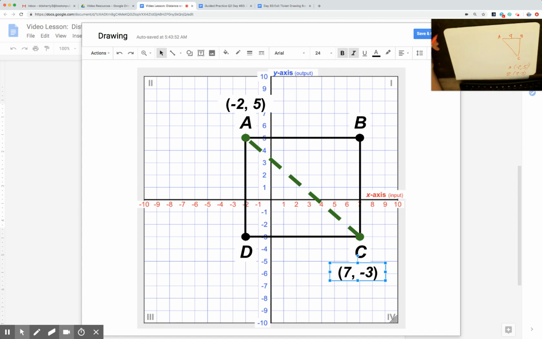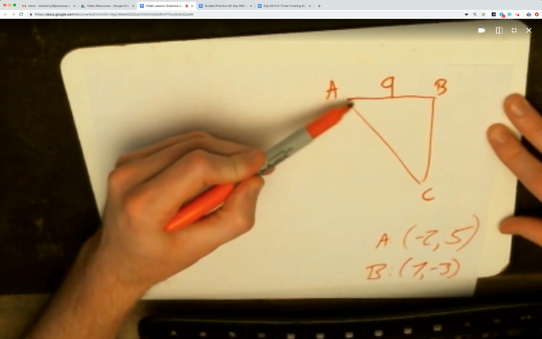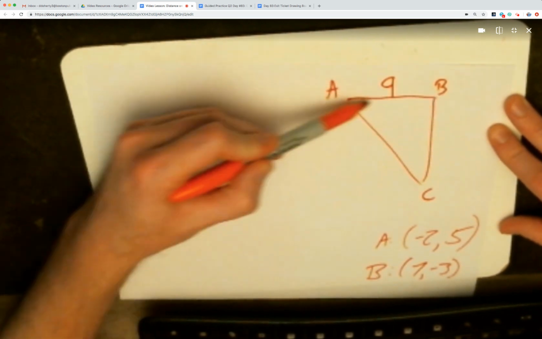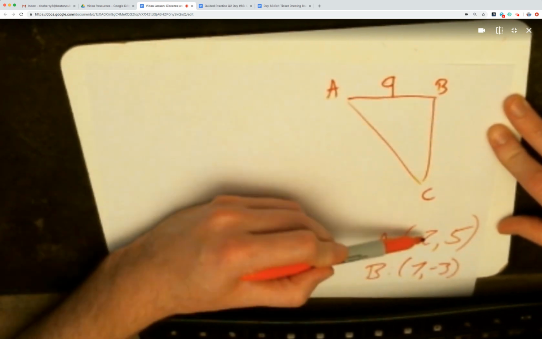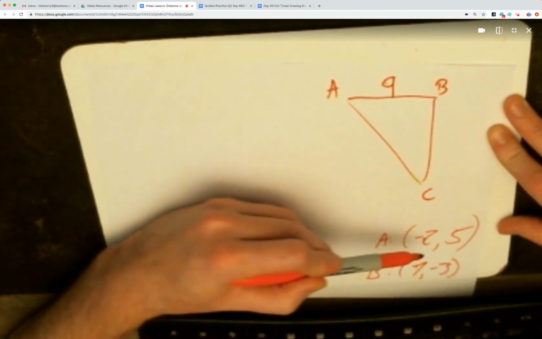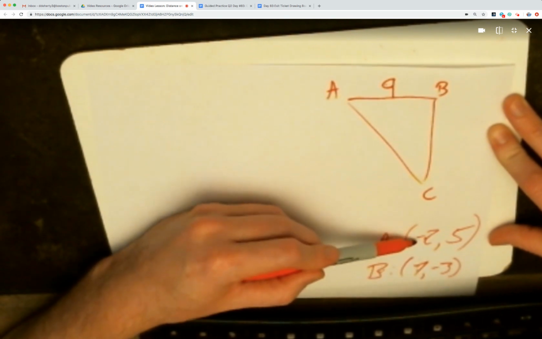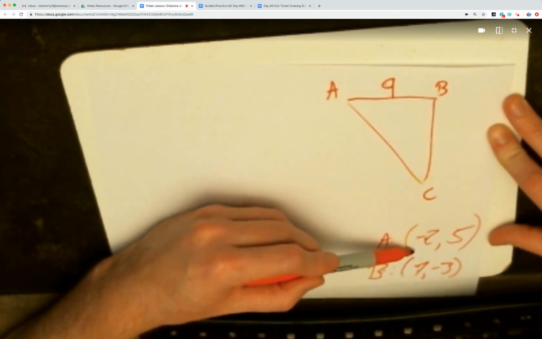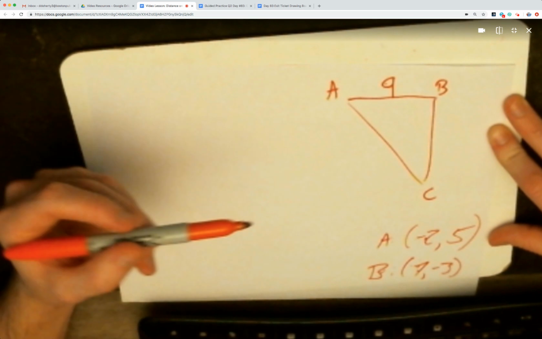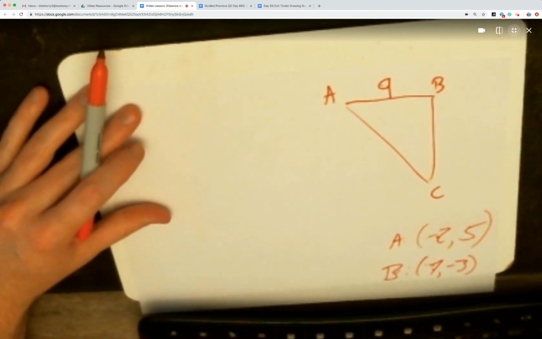The other thing I could have done, if we take a look at the whiteboard, an easier way to see that the distance from A to B, our sideways movement, is 9, is to see how much the X value changed by. For A, it starts out at -2. By the time we get to B, it's up to 7. So if we jump up by 2 to get to 0, and 7 more to get to +7, 2 plus 7 gives us 9.